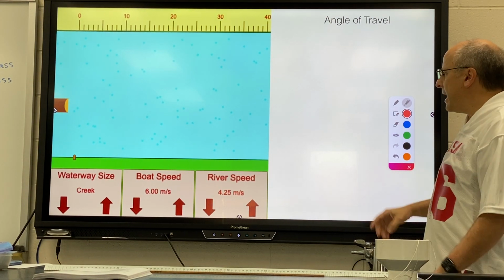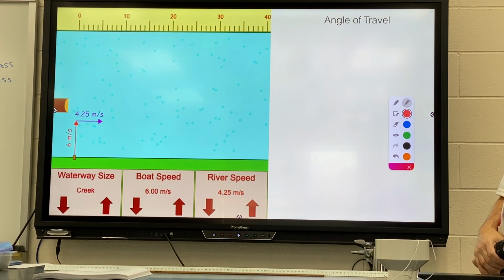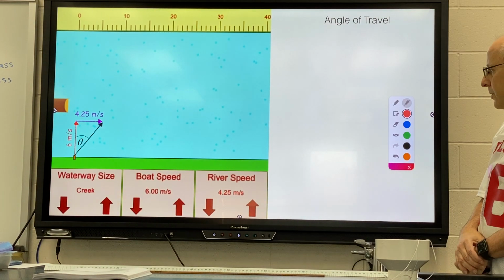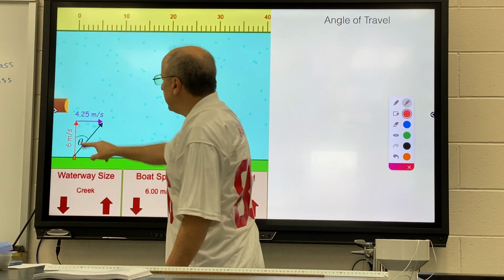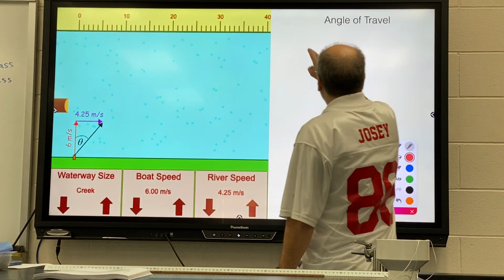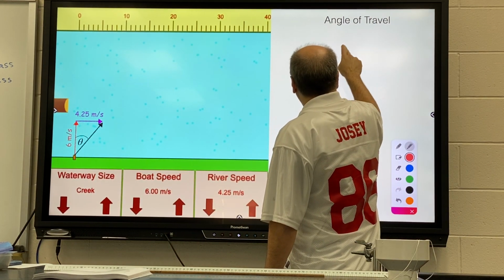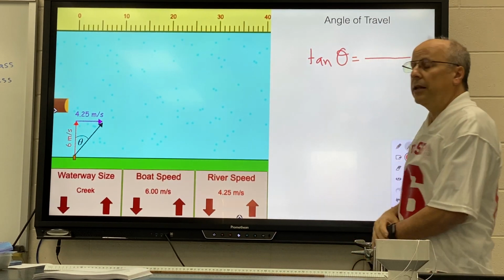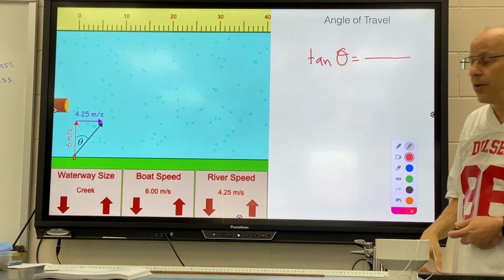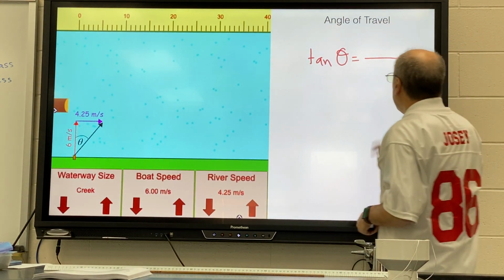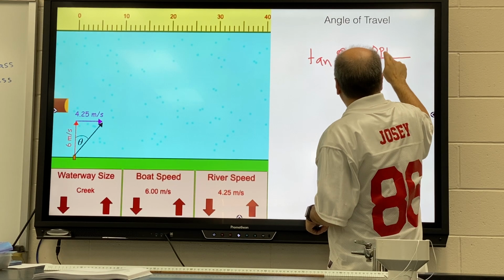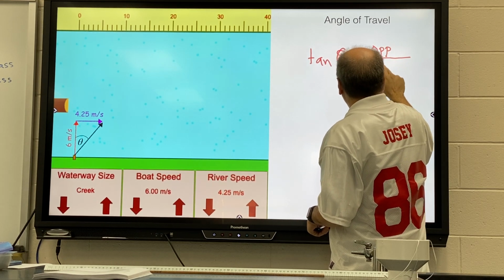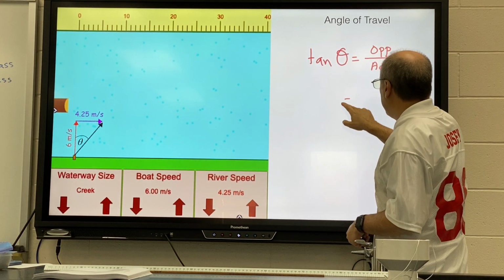Okay, if you need to get the angle of travel, it's a little trickier. Sometimes you need to know what's the angle here. So the way you're going to do this is with a trig function called tangent, which we will learn in a little more detail as we progress through the unit. But for now, it's going to be the side that is opposite the angle and the side that is adjacent to the angle.